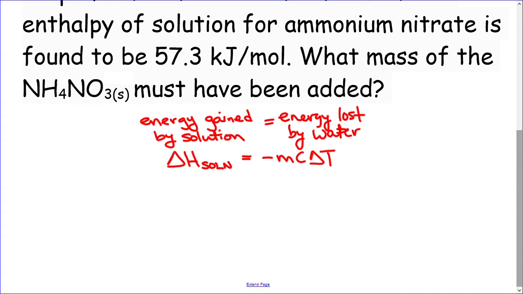So if I start to plug in my values, I could just say this is negative Q, because it's energy. And then in my next step I could plug this in. So we'd have n delta H solution is equal to negative mc water delta T.